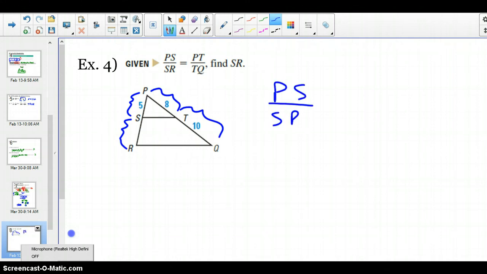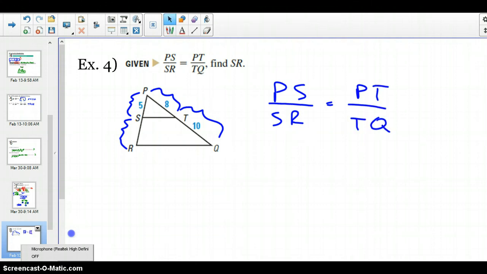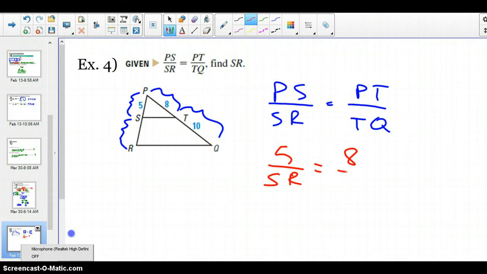PS divided by SR is equal to PT divided by TQ, and you can just start filling in what you know. So you know PS is 5. You don't know what SR is. PT, they tell you, is 8, and TQ is 10. So you can find SR simply by just cross multiplying.